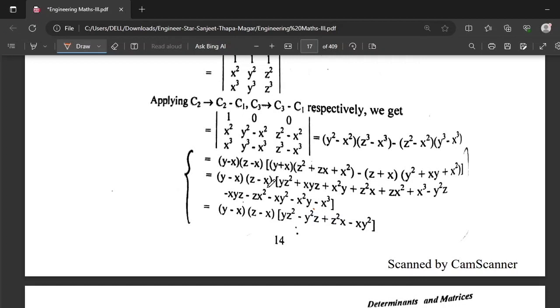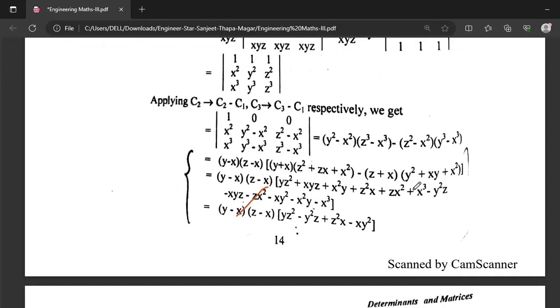Now this zx square and zx square cancel each other, and positive xyz and negative xyz cancel each other, and positive x square y and negative x square y also cancel, and finally positive x cube and negative x cube cancel to 0.